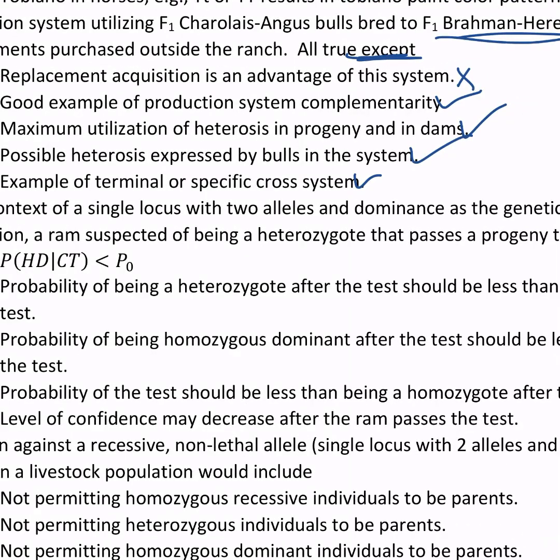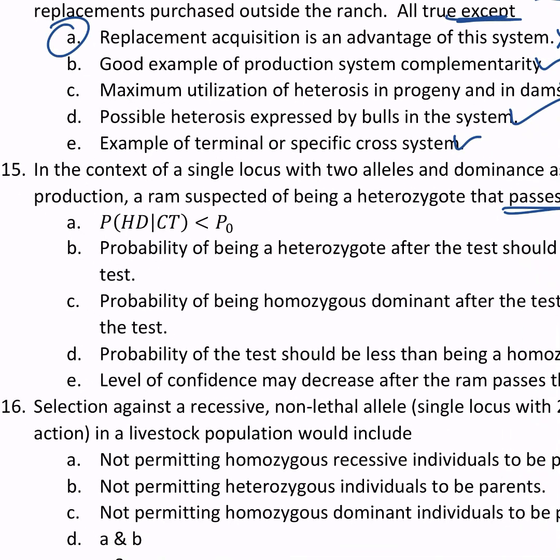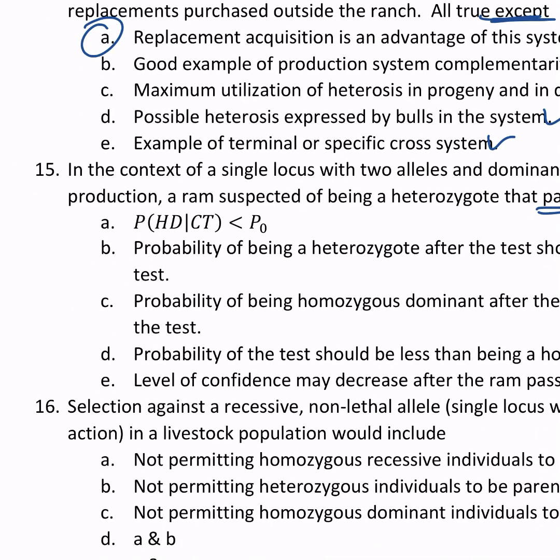So he passed the progeny test. Letter choice A, the probability of him being homozygous dominant given a clean test is less than his initial probability. That is incorrect. We know when an animal passes a progeny test, his probability of being homozygous dominant increases.